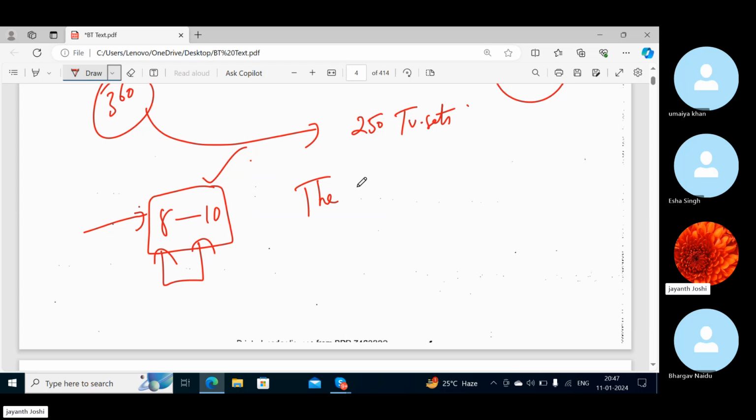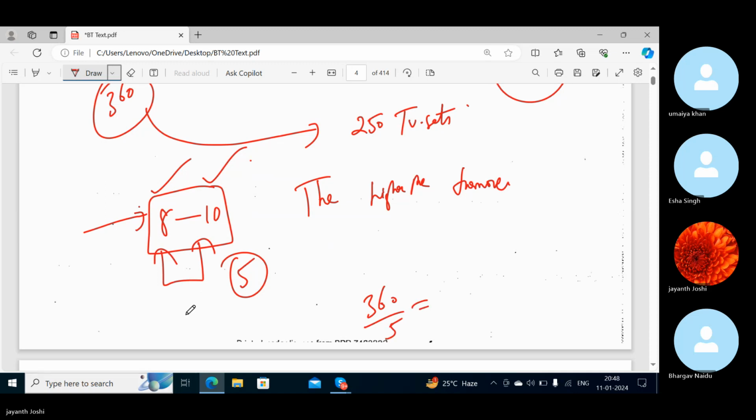So the higher the ratio, that means this much minimum, you should sell minimum this many times in a year. If you are selling fewer times, let's say your turnover ratio is 5, it will take more days for you to convert your inventory into cash. 360 by 5 is how much?